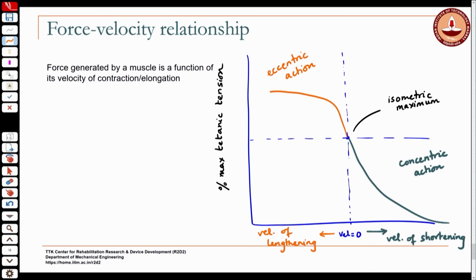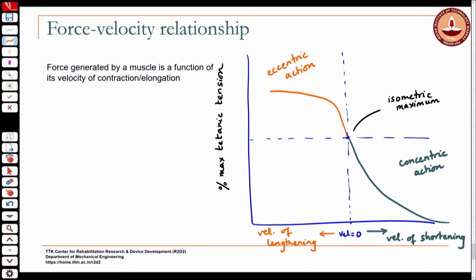So, remember, the eccentric action happens because of some external agent causing the lengthening. Okay. So, initially the velocity of lengthening increases, because if you load it past the isometric capacity of the muscle, then the velocity starts increasing, but it also flattens out after a point, because you are not able to generate any more force to sustain the load.